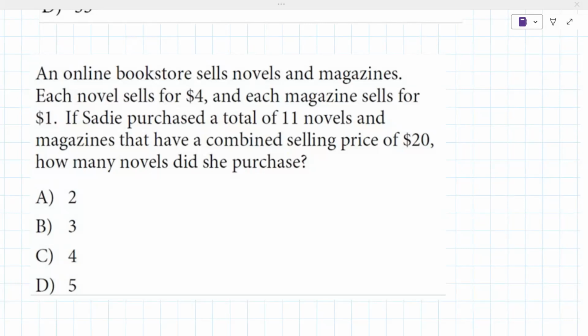Double check here. Yes, it is 3. All right, good job on that.